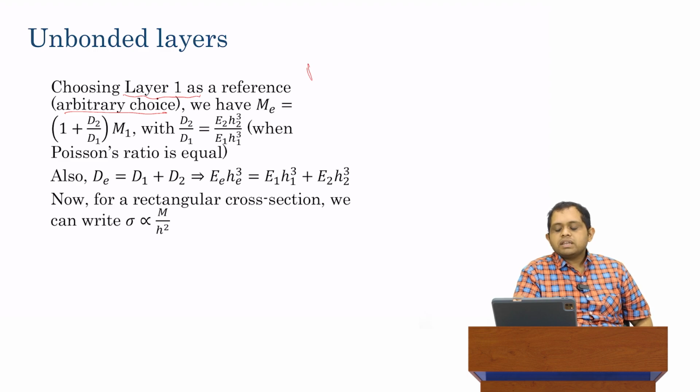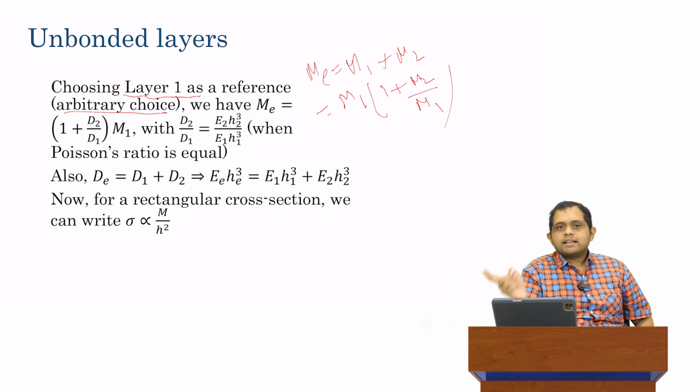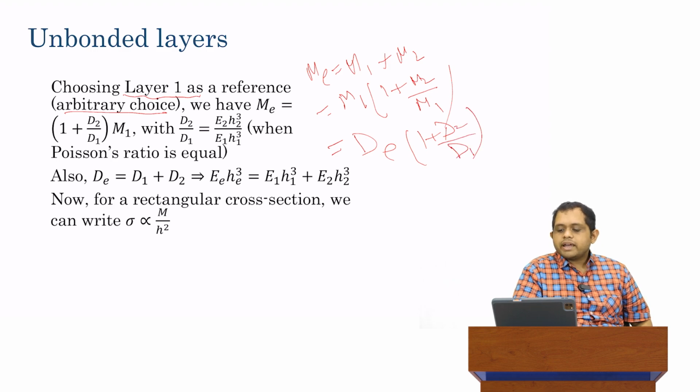So we have ME is equal to M1 plus M2. I can simply rewrite this as M1 times 1 plus M2 over M1. And then substituting that formula again, I can get ME is equal to 1 plus D2 over D1 times M1. There's no D here, this is just M1.